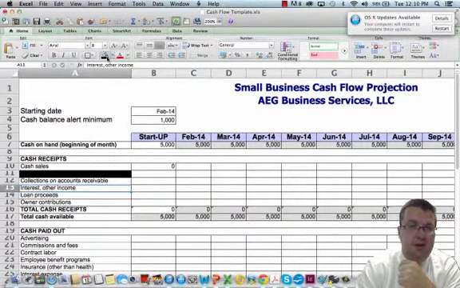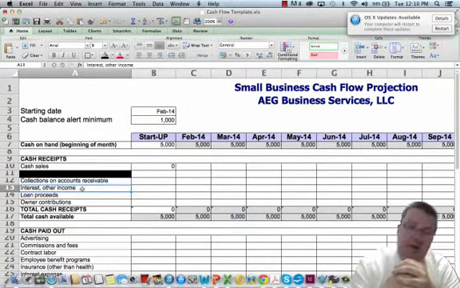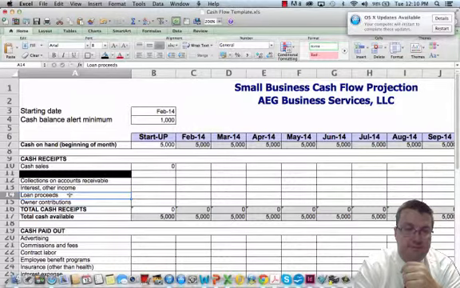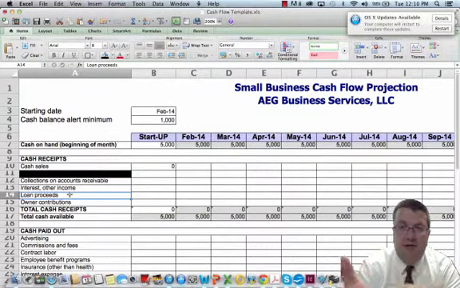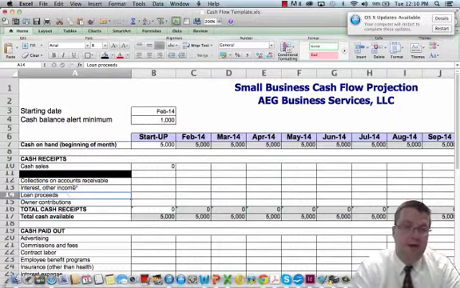Interest and other income: if you're giving credit, you may earn interest when people pay you. Loan proceeds are going to be specifically the money coming in after you apply for a loan, when you receive that money. I generally will put that under startup.